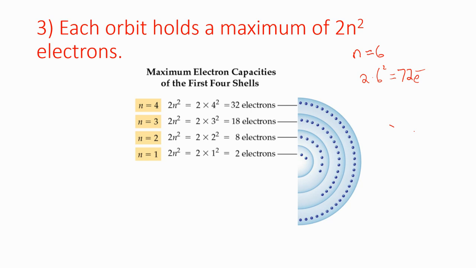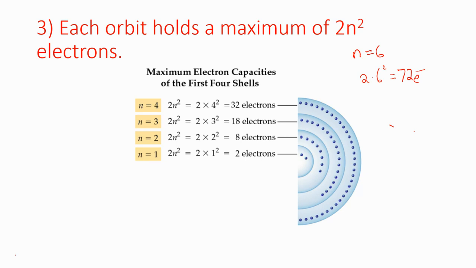But we need to remember that systems always tend towards the lowest energy, and electrons are all negatively charged. So if we try to crowd too many electrons into the same space, they're going to repel one another. And that's an unstable situation, and it's going to be higher in energy. And so that's the real reason for limiting our orbits to a particular number of electrons.